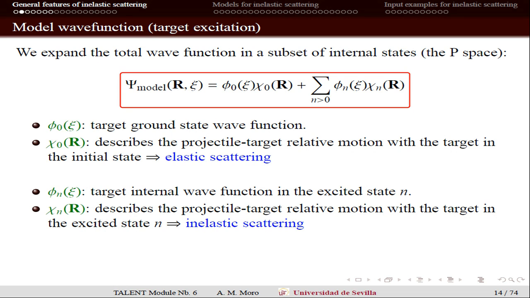So this will be our model wave function. That is what we have been doing in previous days. But if we want to go beyond elastic scattering, to describe inelastic scattering maybe to the first excited state, this sum may contain, for example, the excited state of lithium-7.